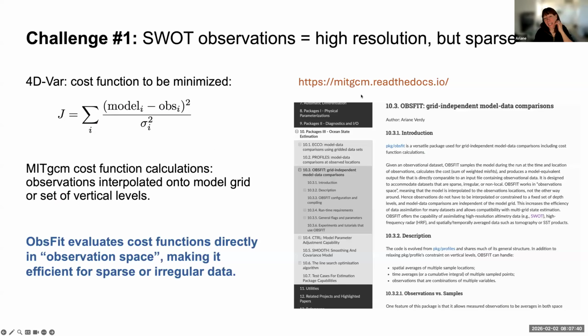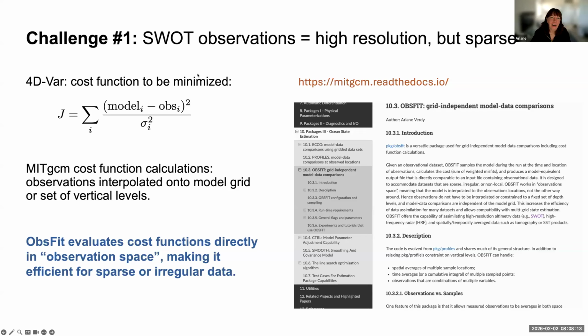Okay, the first challenge is that the existing data assimilation system in the MITgcm was not particularly well suited for observations like SWOT, which are very high resolution, but they're also sparse. And so it's a high demand for the system. Without going into much detail, we ended up writing a new piece of code to address that issue.